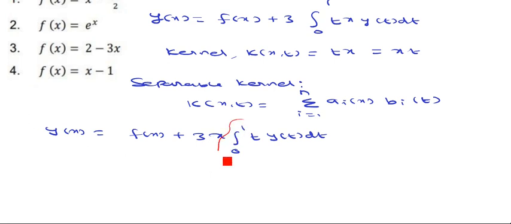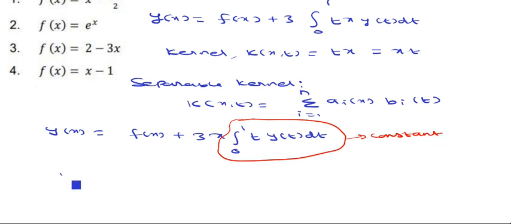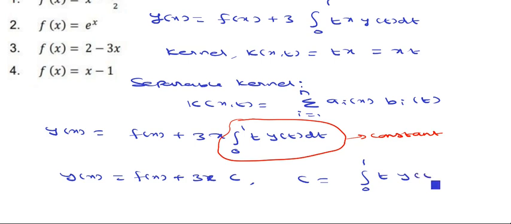So this value will be constant. Therefore we can write this as some constant c, where c is equal to integral 0 to 1 t y of t dt.